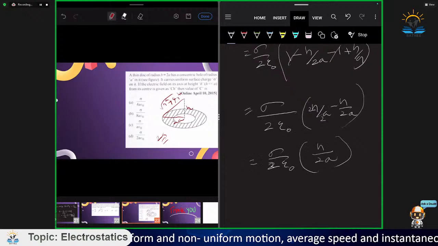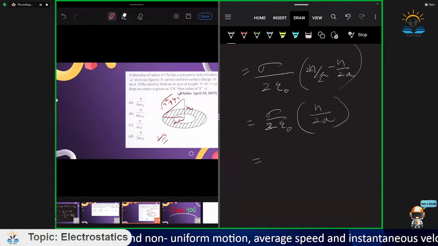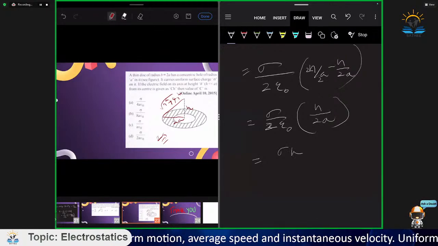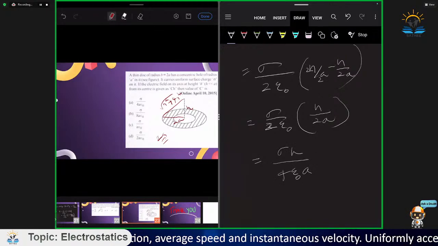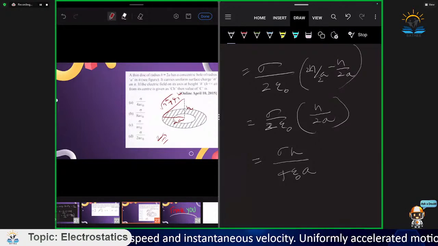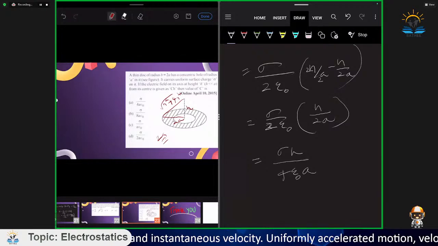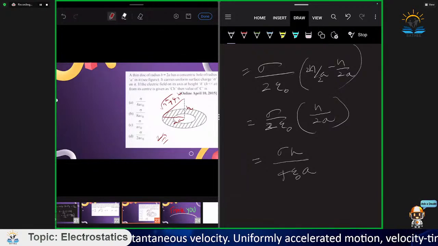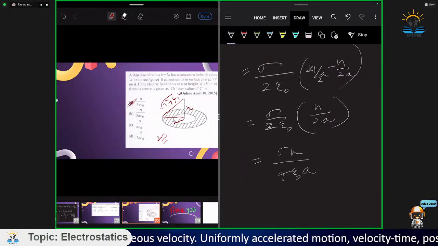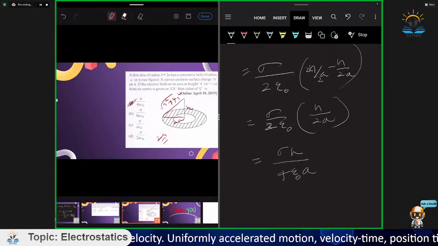So the answer will be sigma h divided by 4 epsilon a.